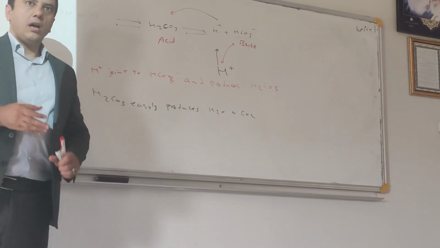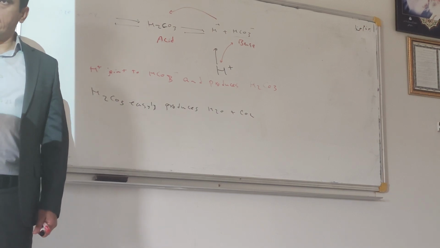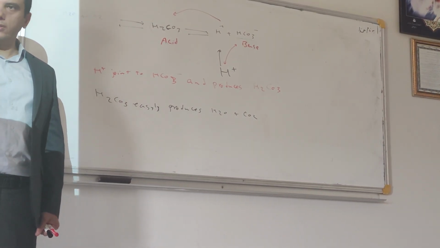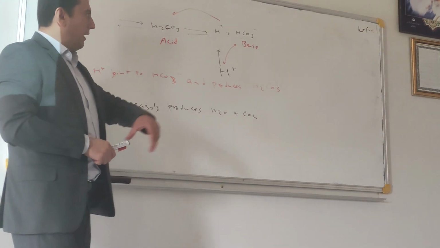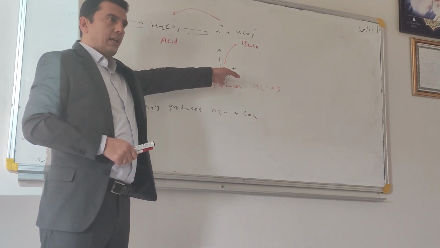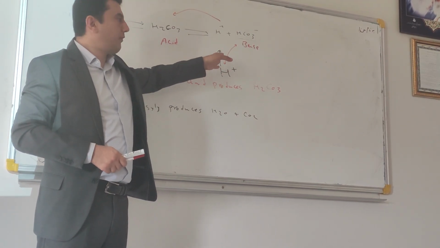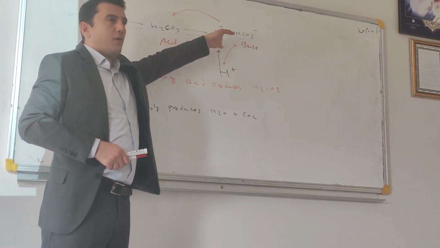So, when we use some acidic food like cola or tomato juice, this acidic food adds a great amount of H to our body.